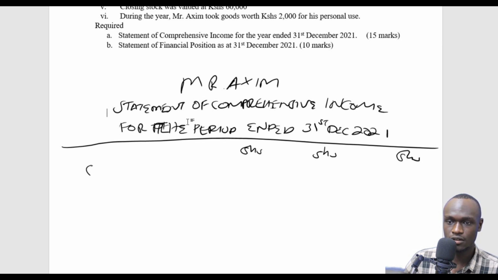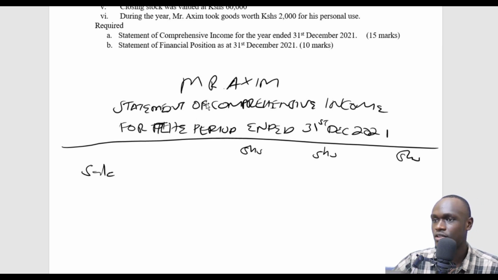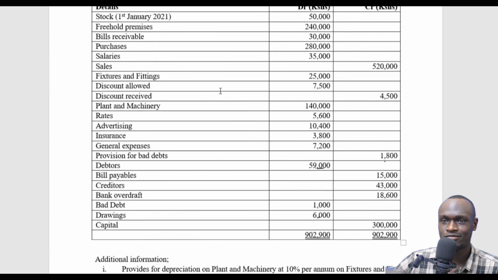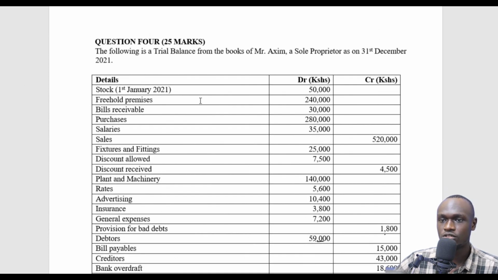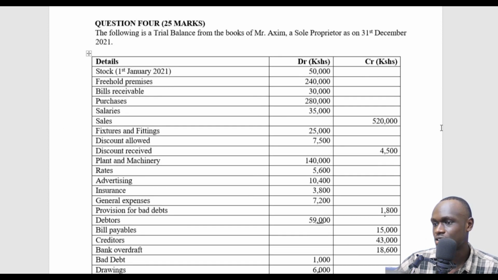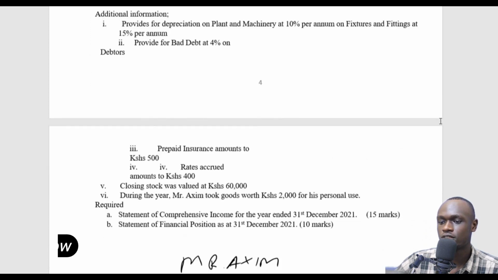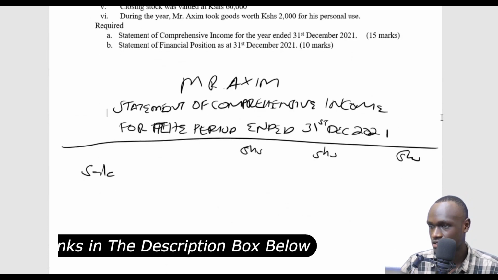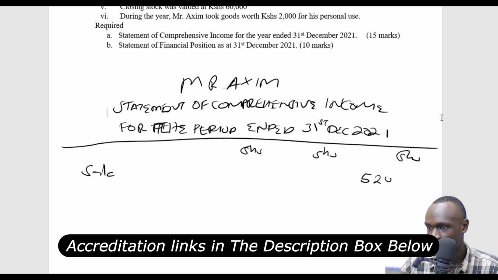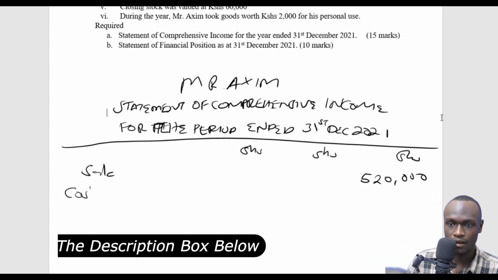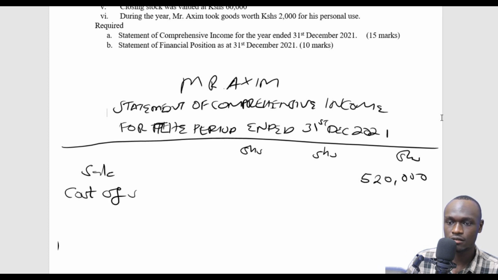We begin with sales. We've been given stock as at 1st January 50,000, free all premises, bill received, salaries. Sales is 520,000 shillings. Then cost of sales.